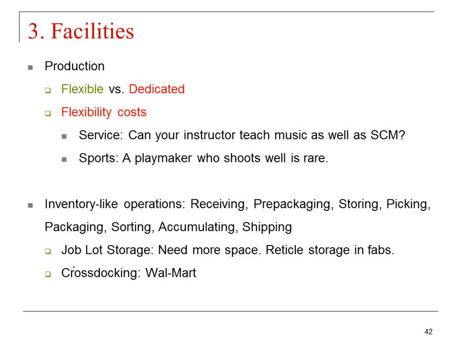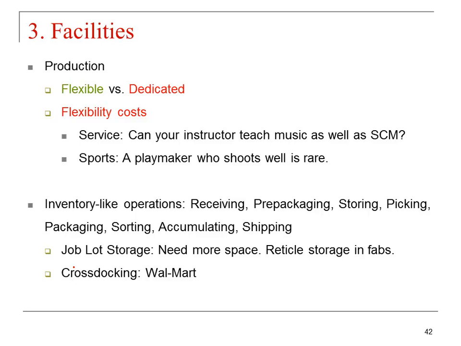Facilities. Plan your production. It's going to be flexible versus dedicated. Flexibility cost includes service. For instance, can you teach music as well as supply chain management? So you want to make sure that you are able to find the right person to provide the service that you need.